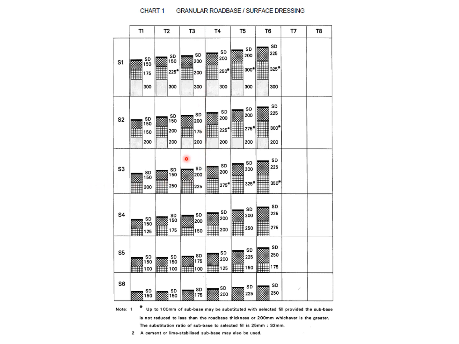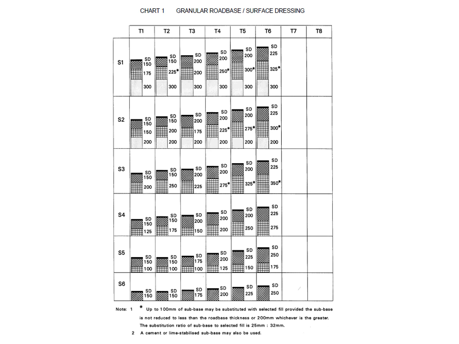So it means this is the cross section of the pavement. And here you can see the thicknesses of the different layers, which are given in millimeter. So it's very simple.